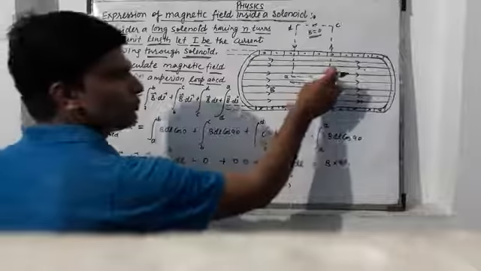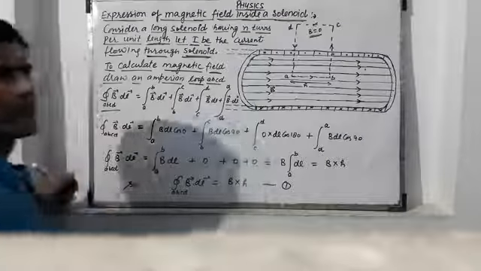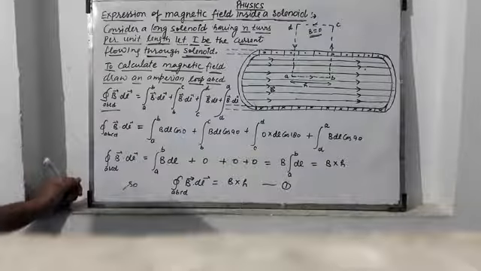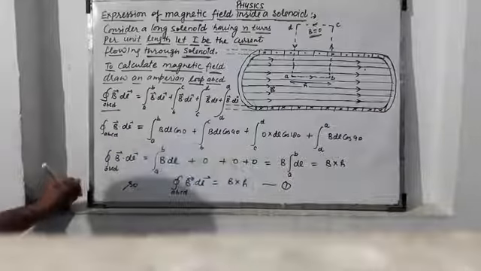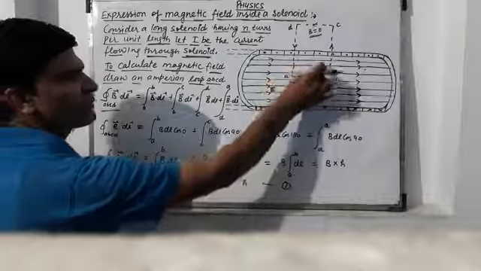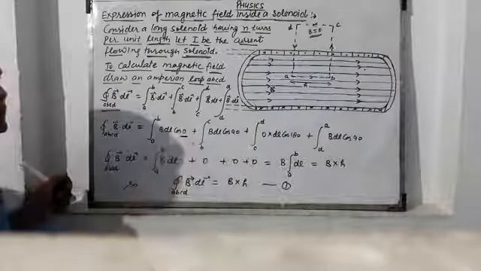For A to B, the magnetic field and Amperian loop are both in the same direction, so the angle is 0.